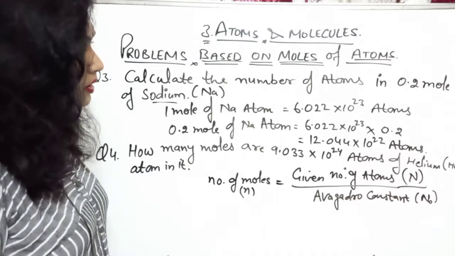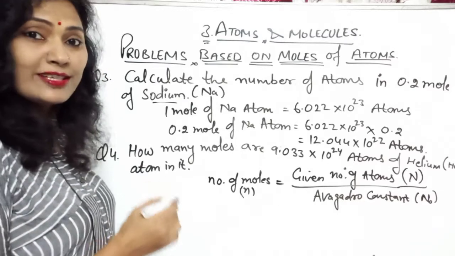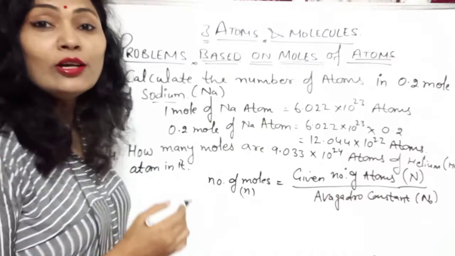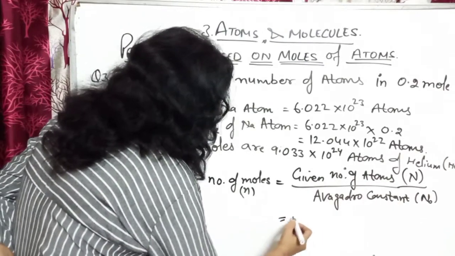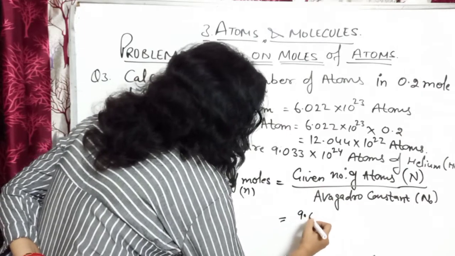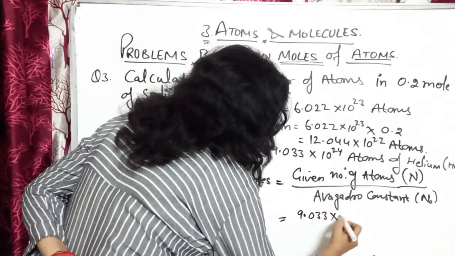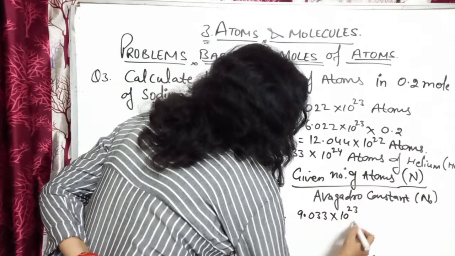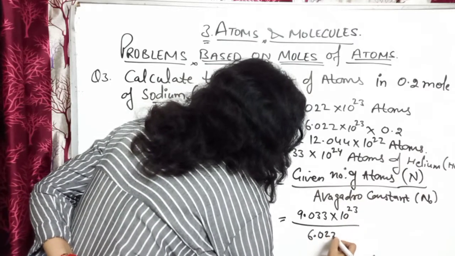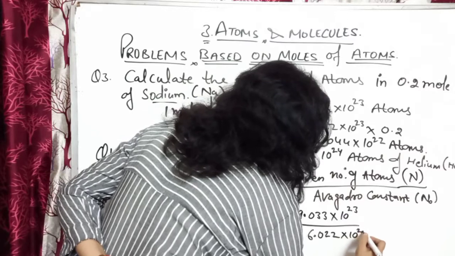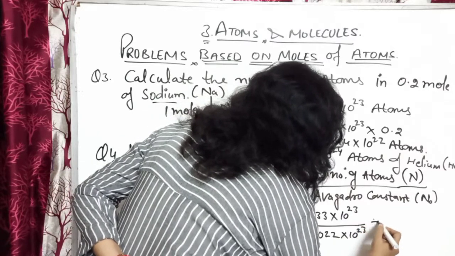So we will put the values. The given number is 9.033 into 10 to the power 24. Put the value over here: 9.033 into 10 to the power 24 upon 6.022 into 10 to the power 23.